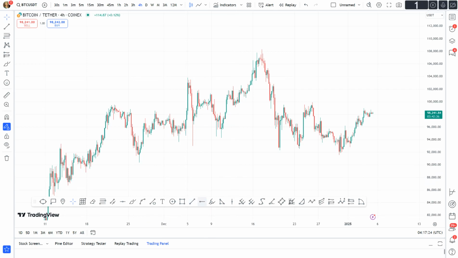So Sharp FS Hub, let's look at BTC USDT. Sharp FS Hub, market structure specialist.